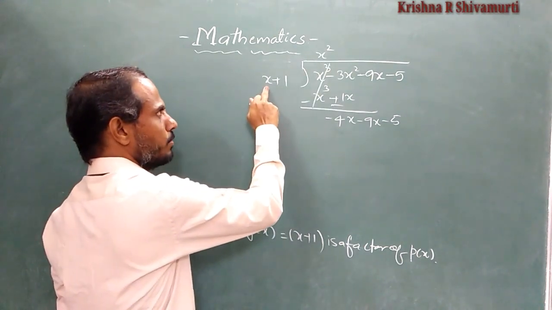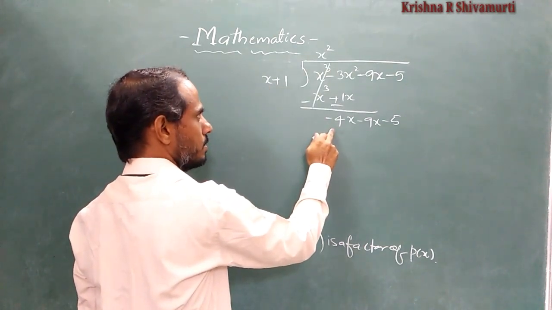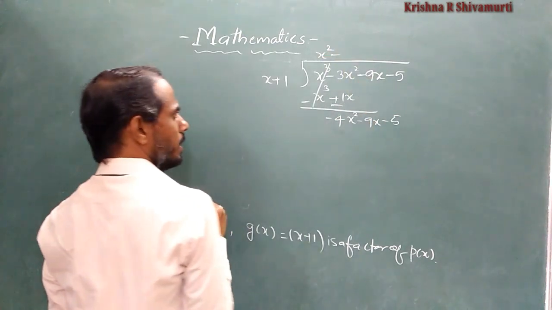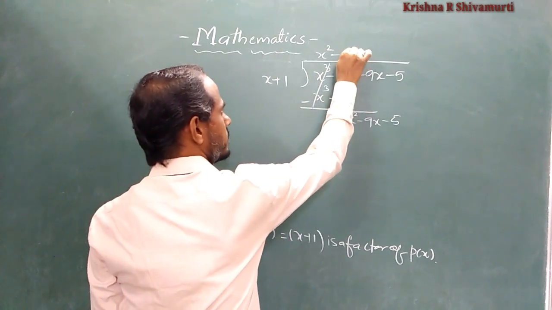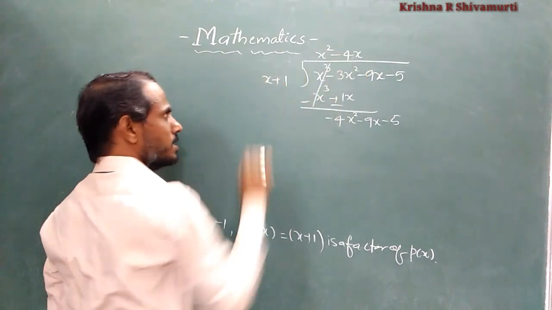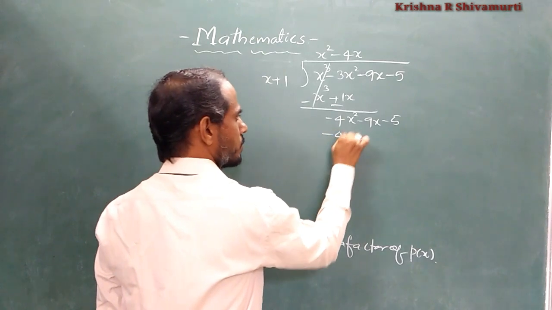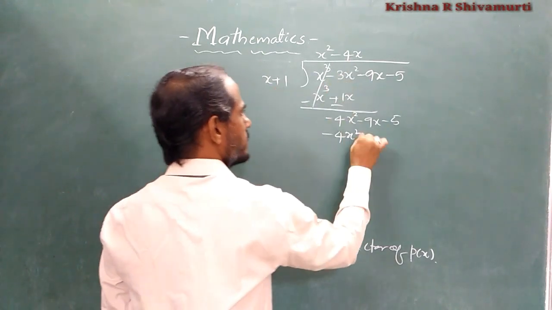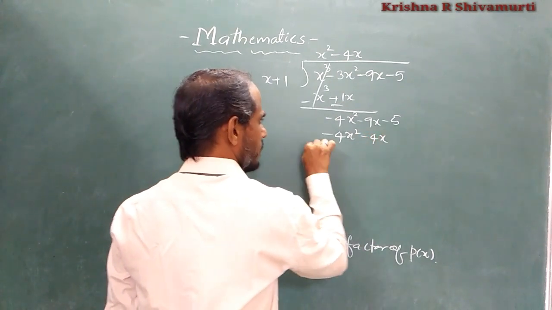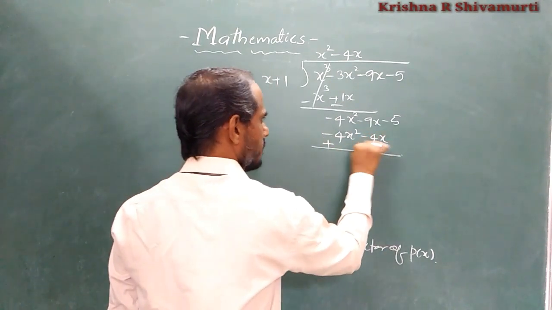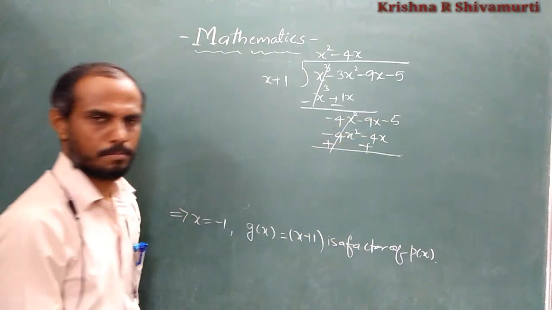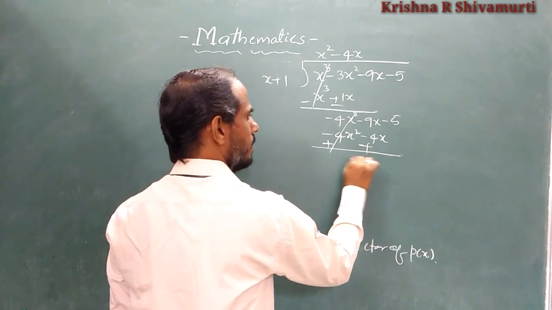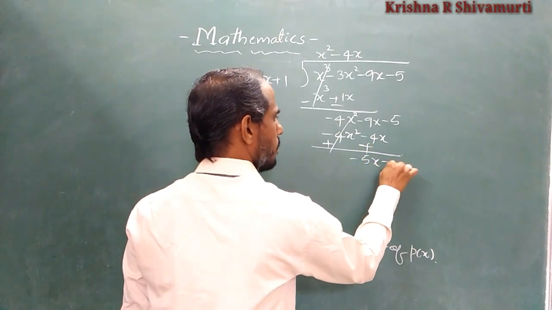Now what should we multiply by x to get minus 4x? We should multiply minus 4x. Minus 4x into x is minus 4x square. 1 into minus 4x is minus 4x. Change the sign, cancel it. In minus 9x plus 4x, subtracting, minus 5x.